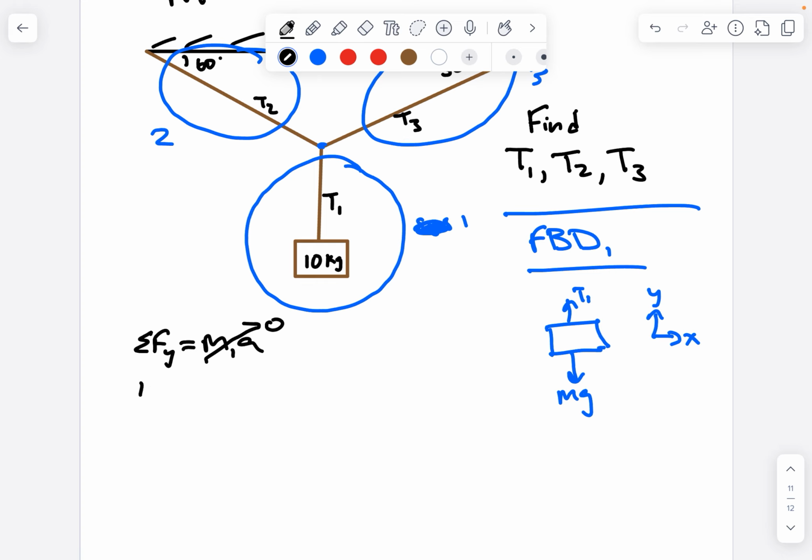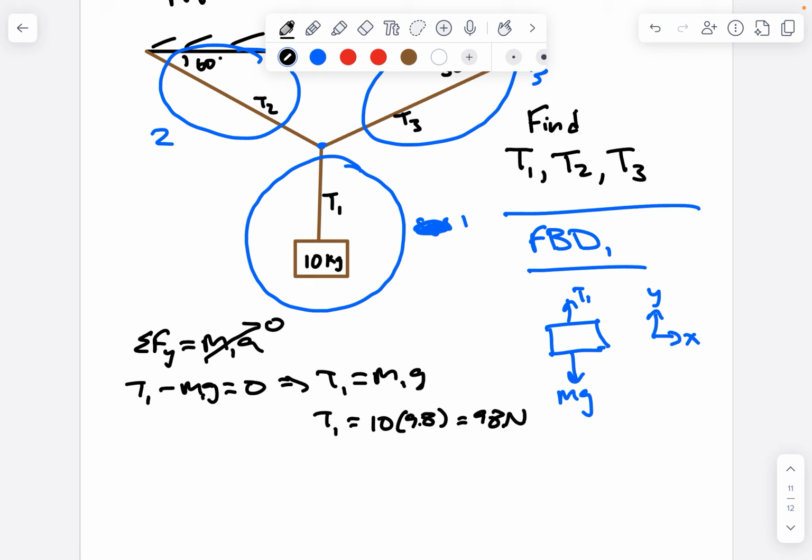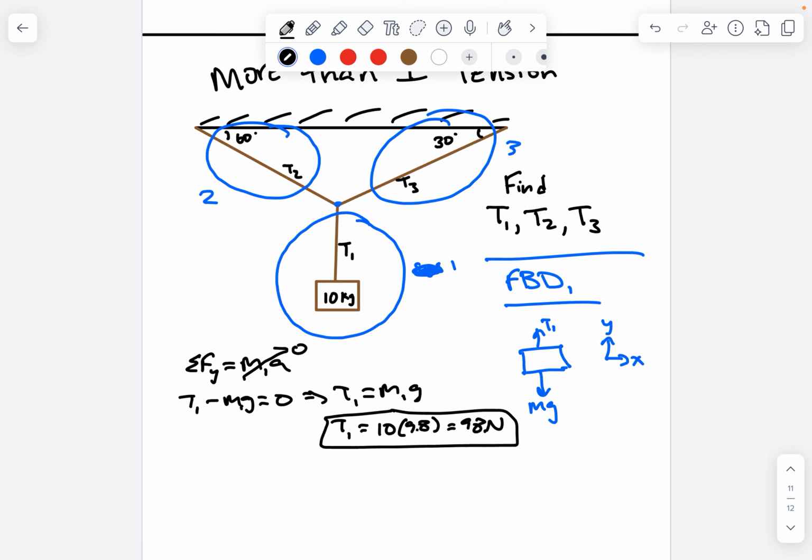So we have tension 1 minus mg is equal to 0, and this just gets us tension 1 is equal to mass 1 times g. Tension 1 is equal to 10 times 9.8, which is just 98 newtons.